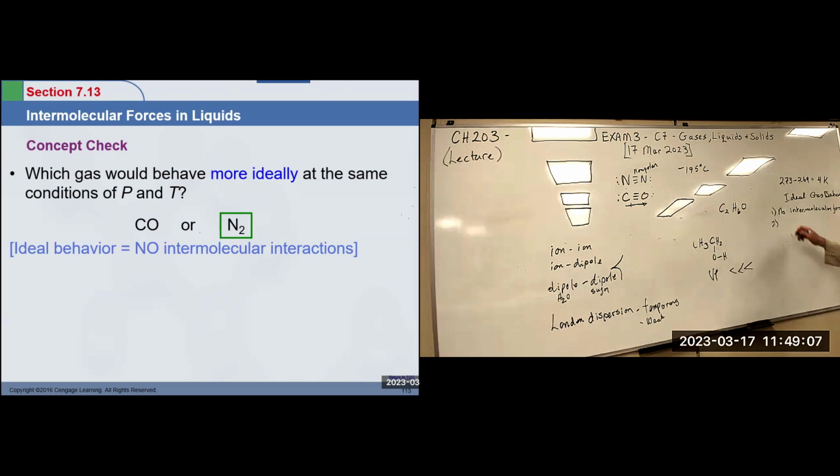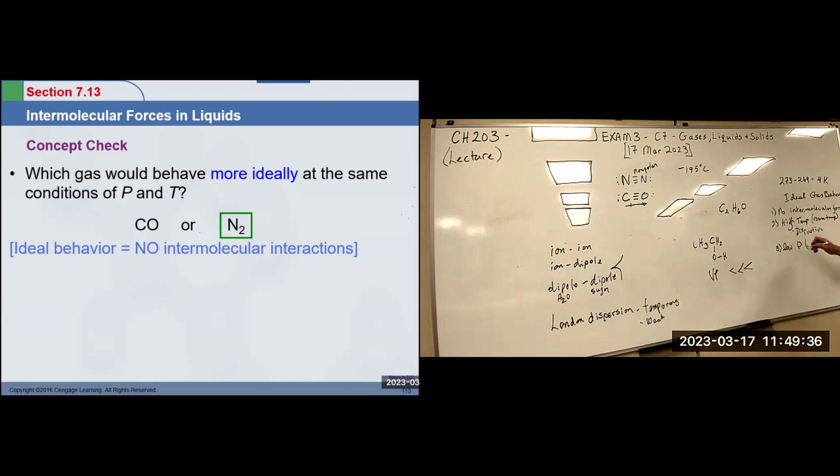Two, high temperature, right? And room temperature satisfies that condition. This is the disruptive force. And three, low pressure.